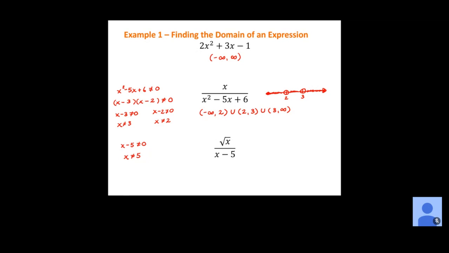And so for this one, that square root's in the numerator. So this tells us that x must be greater than or equal to 0. Because I could put a 0 in that square root, I'd get a 0 in the numerator. That's perfectly fine, because that square root's not in the denominator this time.